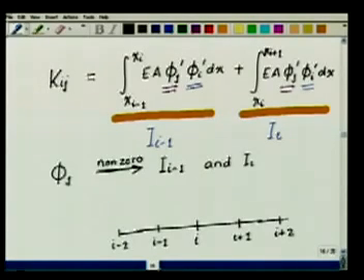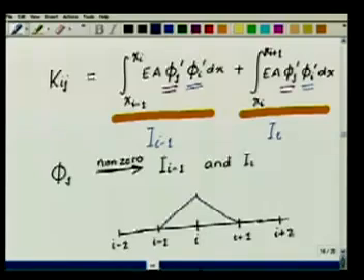So if you plot these figures for the phi i's, this is going to be phi I. I am looking at only these two elements, this element and this element, and I would like to know which of the phi i's are non-zero in these two elements.